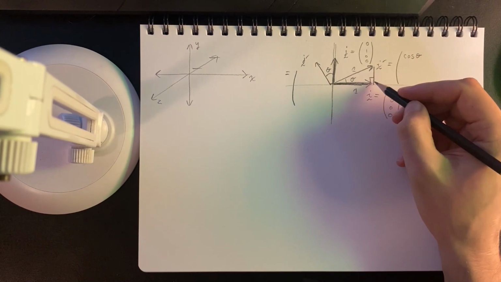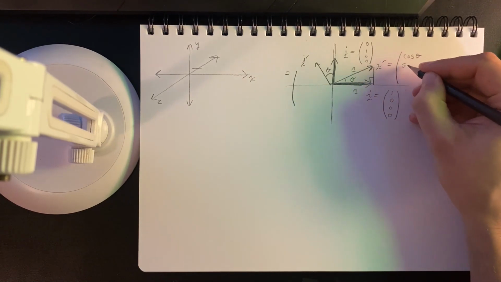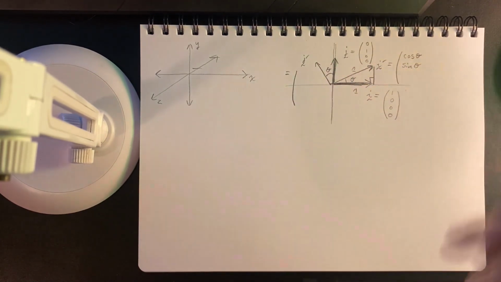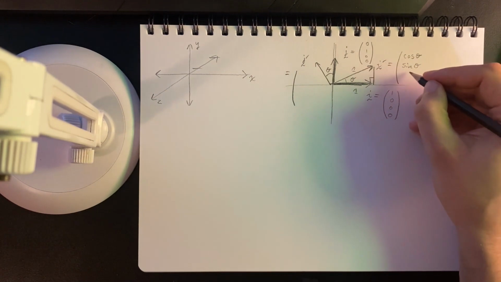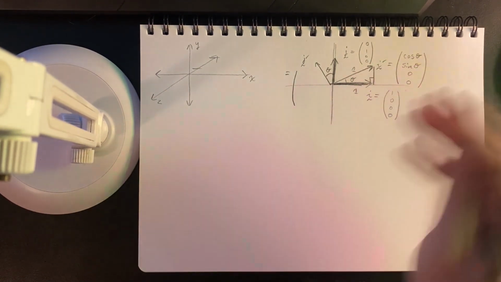The vertical component is the opposite side of the triangle, so we have sine theta as our y. We have no z component and no w component. Think of it like that.